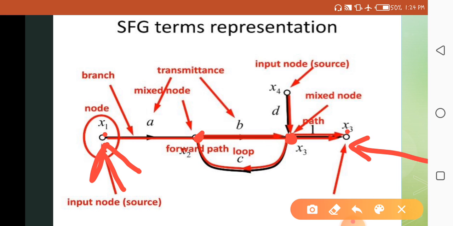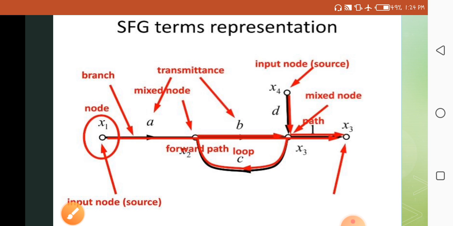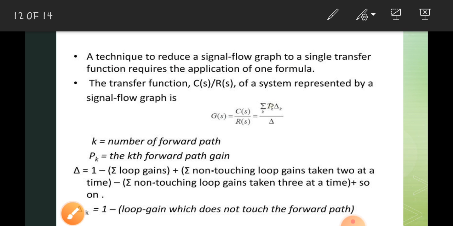Some transmittances are also represented here, that is A, B, C and D, and this is the forward path and loop that is represented here. The line represented by a direct line with an arrow is known as a branch. So these are the representations of SFG terms.